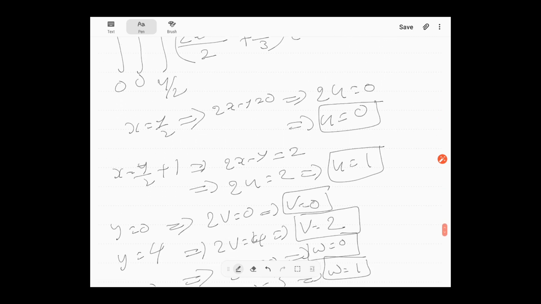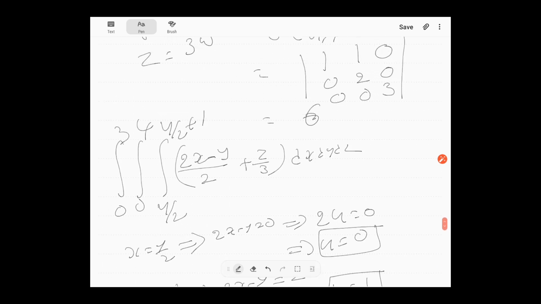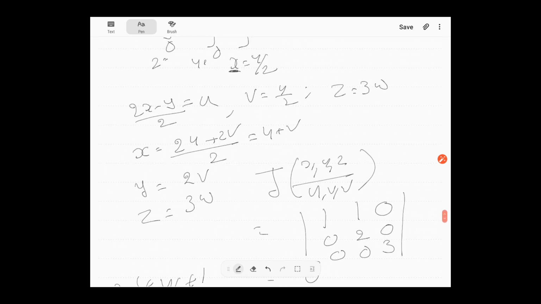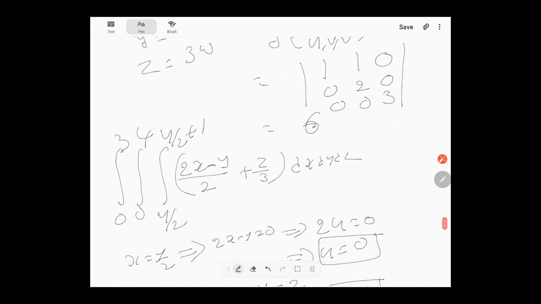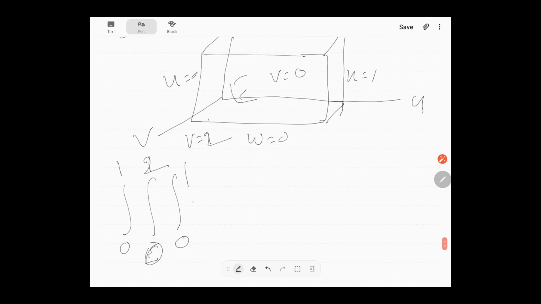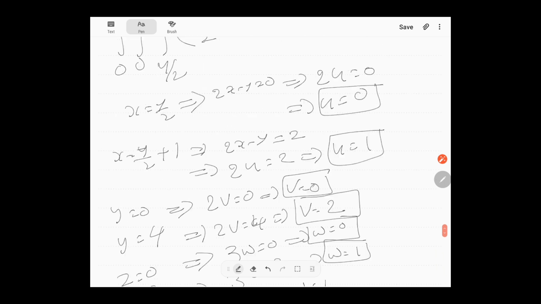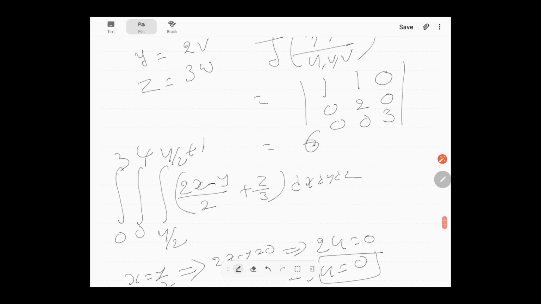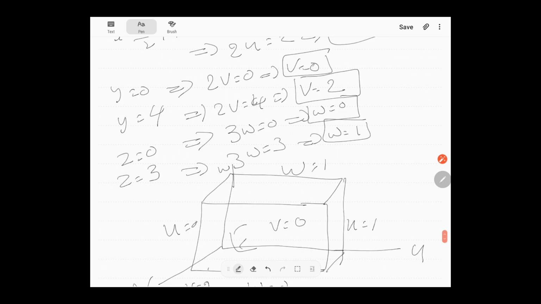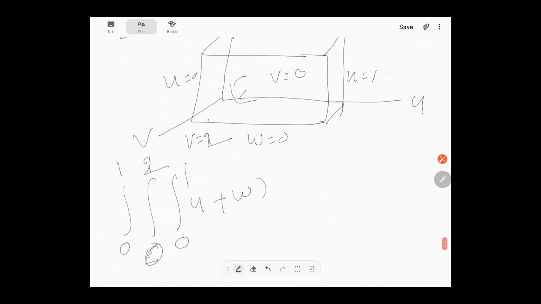What is the transformation? 2x minus y by 2 is u. Here I have 2x minus y by 2, therefore the first one is u. Plus, next I have z by 3. z is 3w, so z by 3 is w. So the integrand is u plus w.